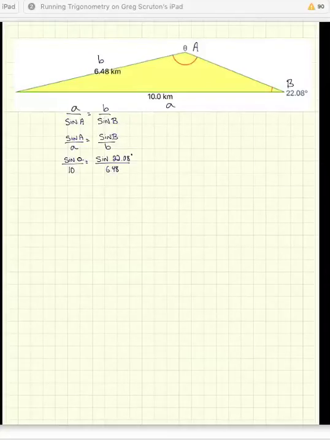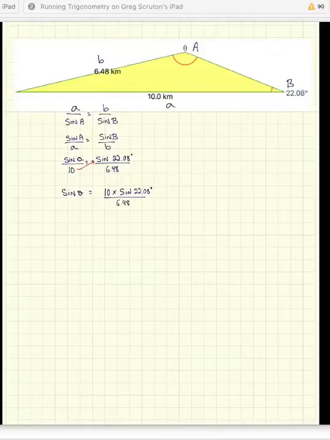All right, to get the sine of theta alone, I'm going to cross multiply the 10. So we end up getting sine of theta is equal to 10 times the sine of 22.08 degrees divided by the 6.48 kilometers.